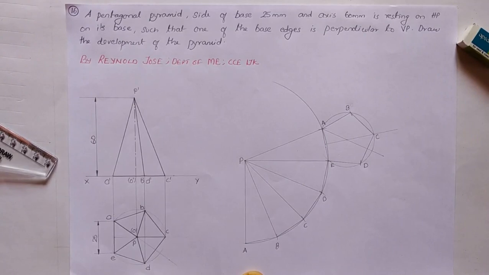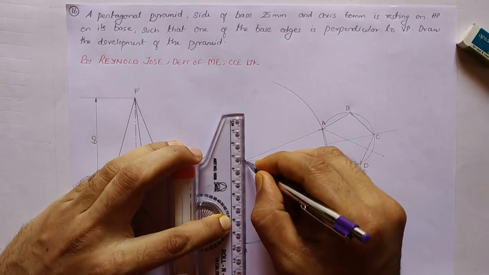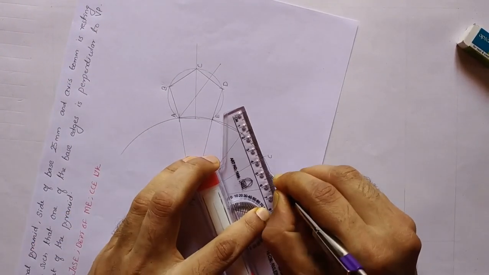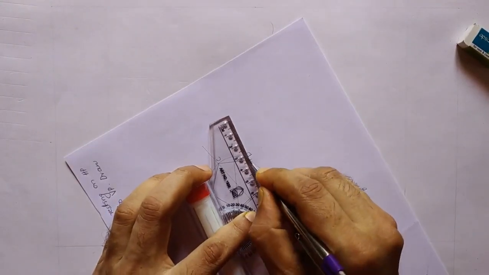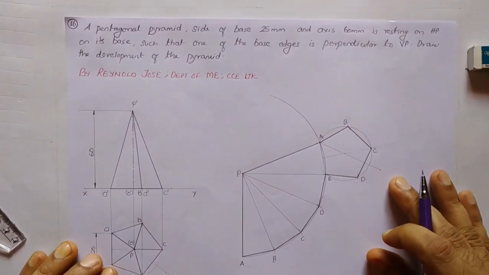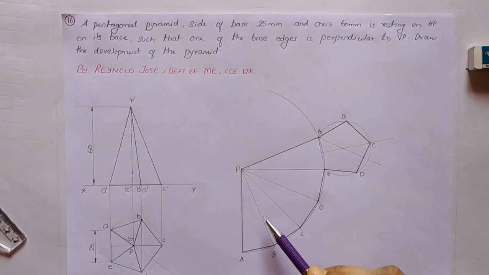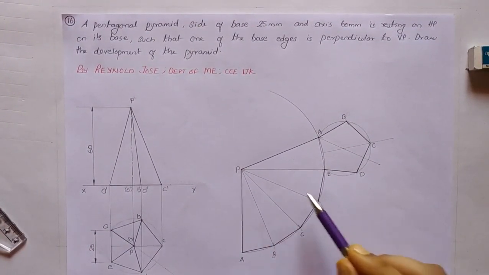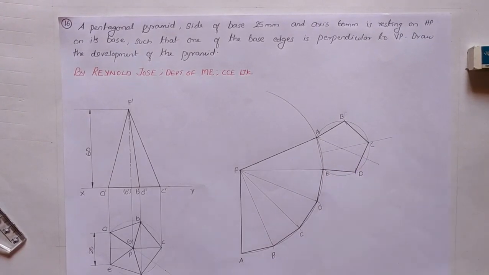We shall draw it with thick lines. All the other lines like PB, PC, PD, PE and AE are known as folding lines. So we are not supposed to draw these lines using thick lines; it is only by thin lines.